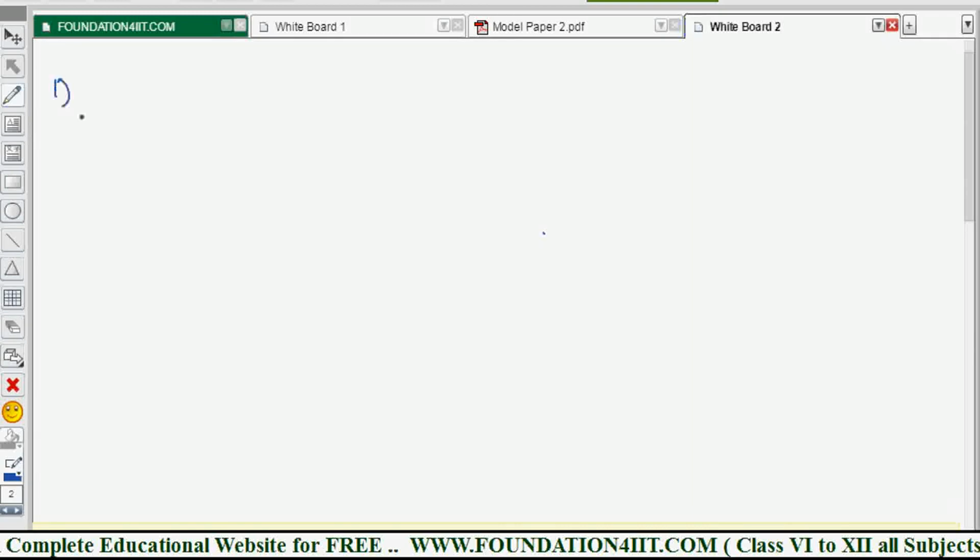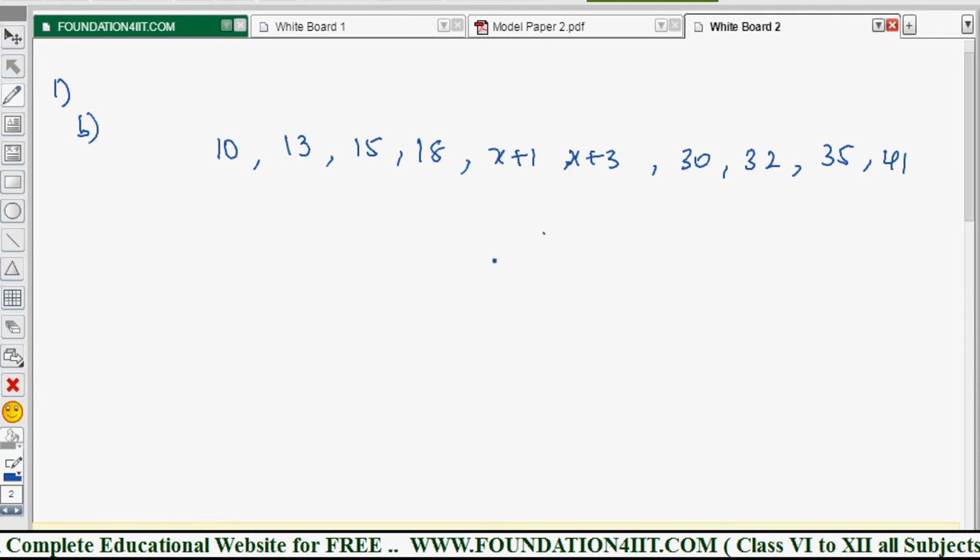In this given series, the numbers are arranged in ascending order: 10, 13, 15, 18, x plus 1, x plus 3, 30, 32, 35 and 41. The total number of observations is 10, which is an even number.